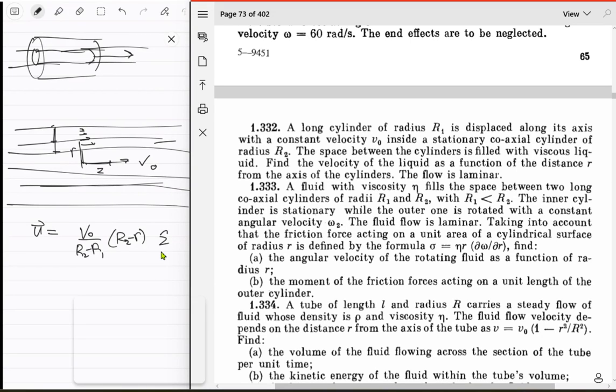Wait, what? No, that's not the thing. The viscous force is still there. The thing is, oh yeah, there's a difference of pressure, isn't it? Oh, it's getting complicated, isn't it?